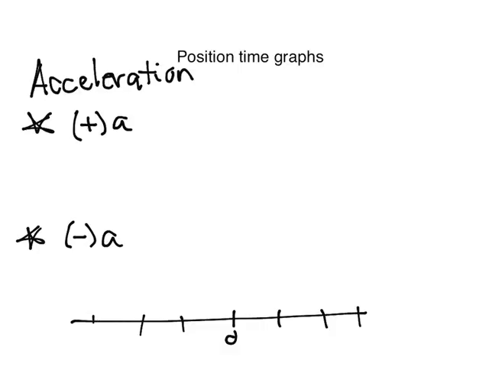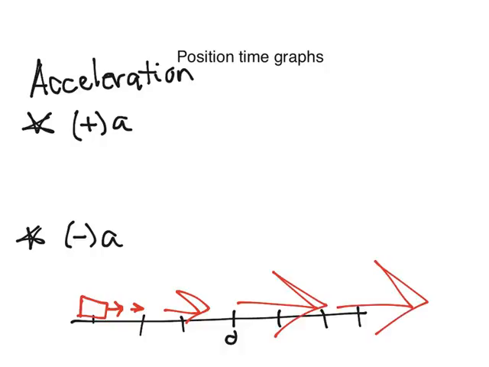Alright, so we worked on this a bit again today, talking about acceleration with position graphs. So again, say I've got a little car, and it's kind of going slow here, kind of going slow, and it starts to speed up and go really, really fast here towards the end, signified by the huge arrows. So what does that look like if we were to graph it? I'm not going to expect exact numbers when we're talking about this. I just want to see generally what's going to happen.